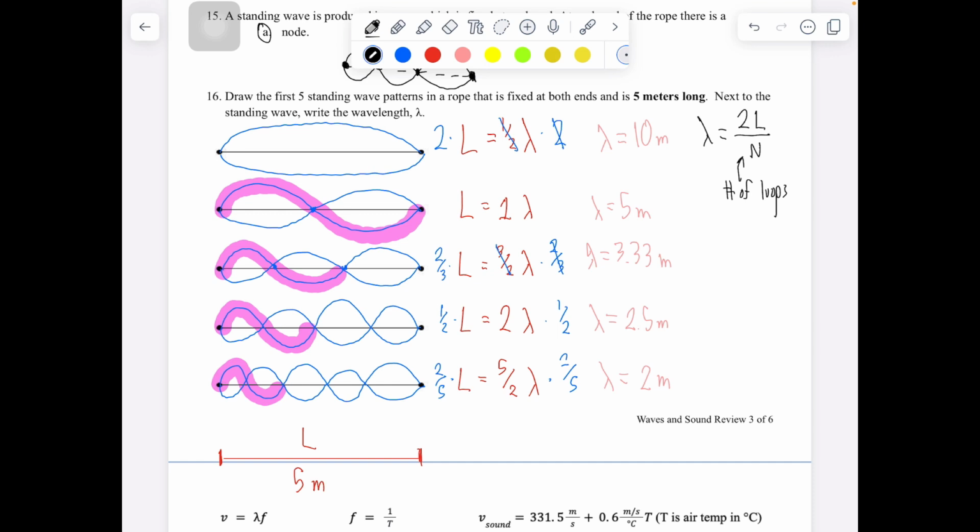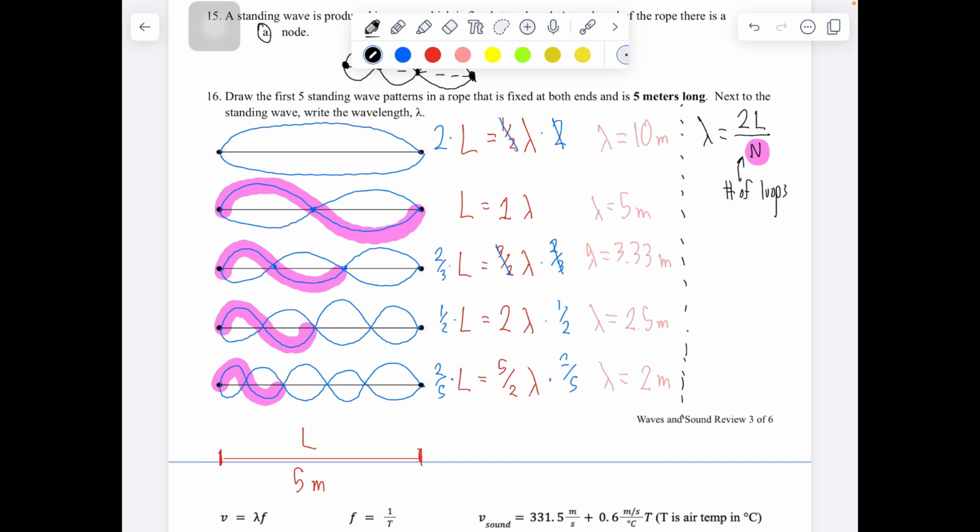The trouble with it is that people get confused and think that n does not mean number of loops, that it means something else. You can use either way. Either method is going to get you the correct answer. It's just up to you to decide which method works better for you.